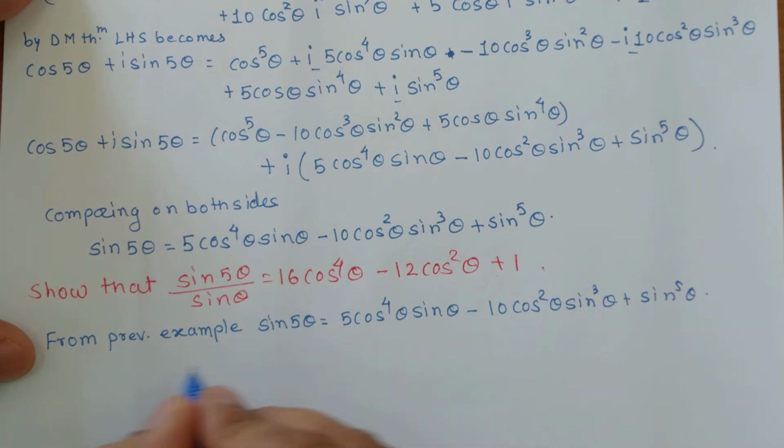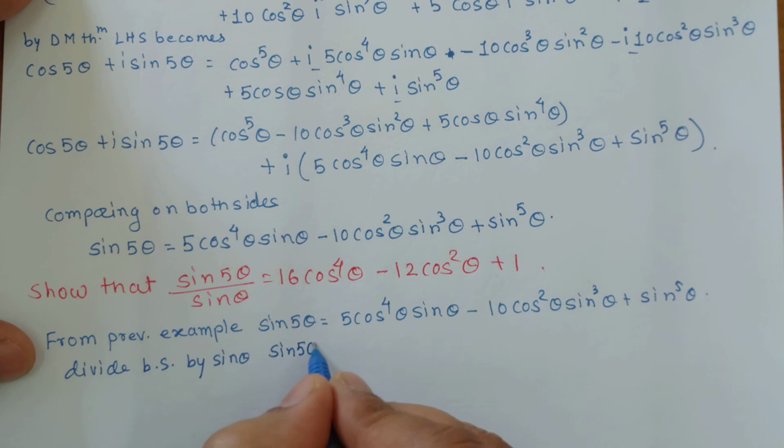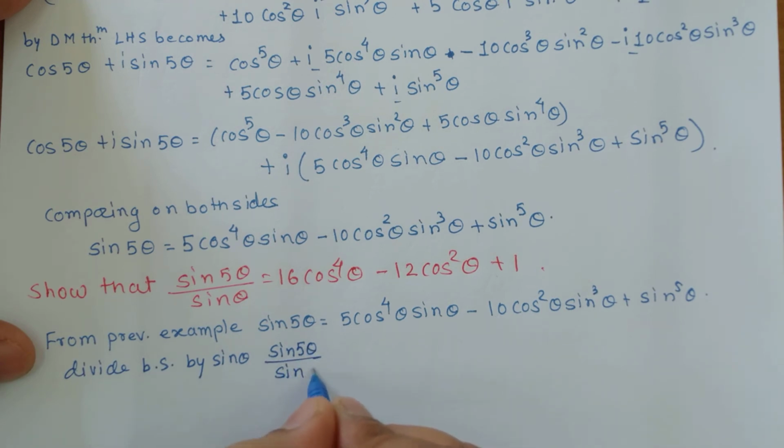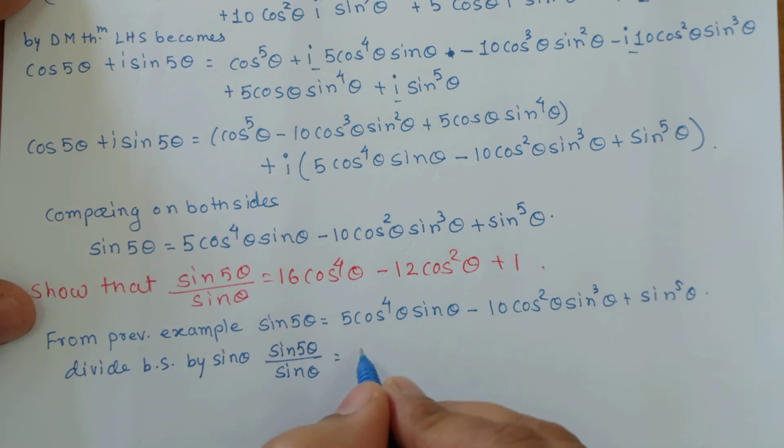Okay, now divide both sides by sin theta. Therefore we have sin 5 theta upon sin theta is equal to, so when I divide the first term by sin theta, the sin theta gets cancelled.